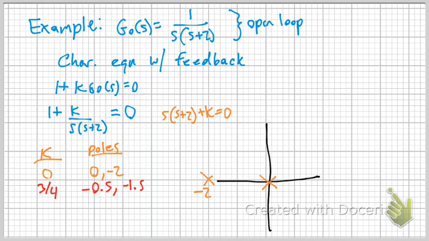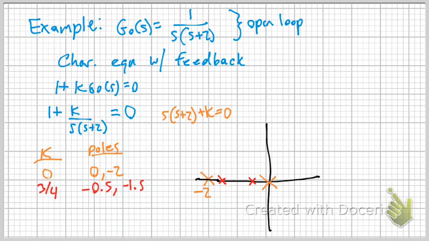And if we look at what happens when k is 3/4, we now have S plus 2 plus 3/4 equal to 0, which gives us true values at -0.5 and -1.5. Because we have s squared plus 2s plus k equal to 0, if we do the quadratic equation, when k is equal to 3/4, those are our answers.